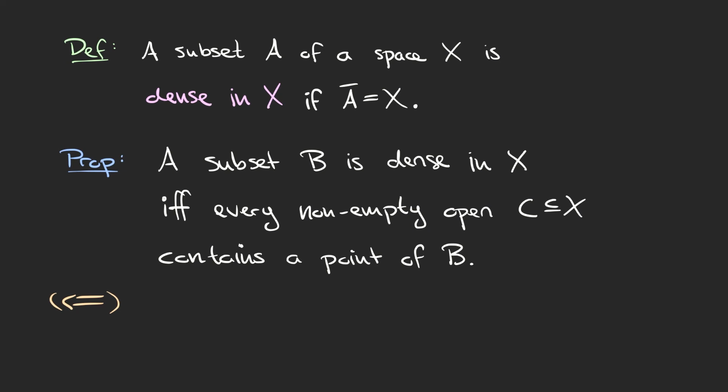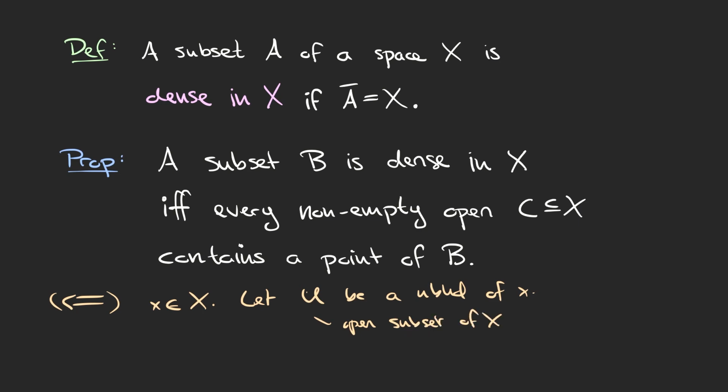So we suppose that every non-empty open subset C of X contains a point of B. And now we want to show that the closure of B is equal to X. So for this we just let X be some point in X, and now we need to show that it's in the closure of B. But by our proposition, being in the closure of B is equivalent to the fact that every neighborhood of X contains a point of B. So we just let U be a neighborhood of X. And now we need to show that this neighborhood U contains a point of B. But U is an open subset of X.